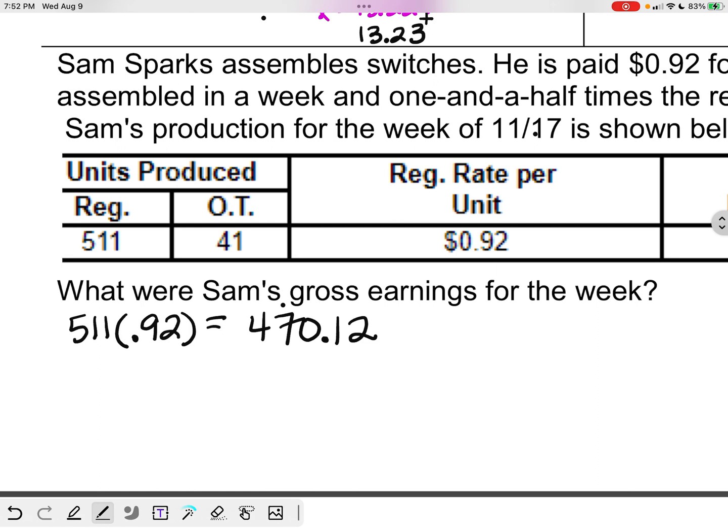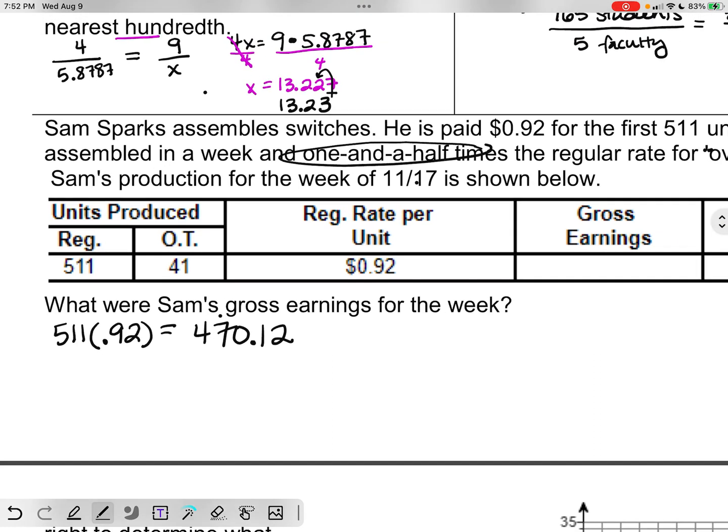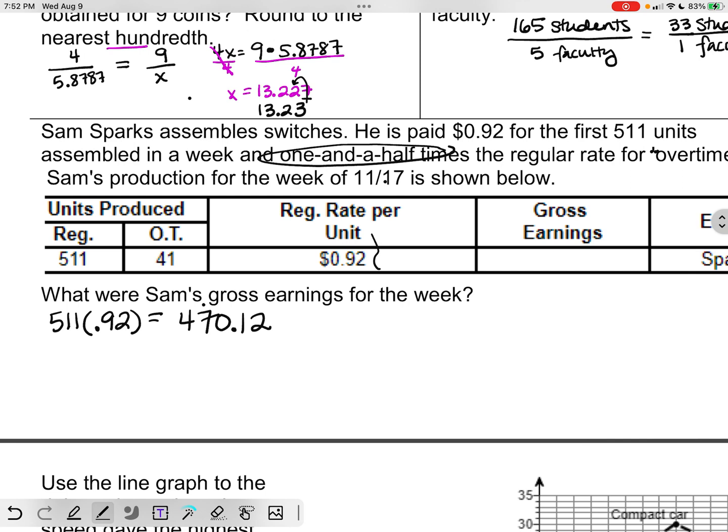Okay. The overtime rate, the 1.5, right? So the first thing that we have to do is take that 92 cents and we're going to multiply that by 1.5 and that'll give us our overtime rate. So 0.92 multiplied by 1.5 will give us 1.38.